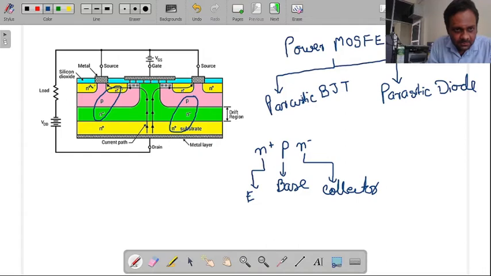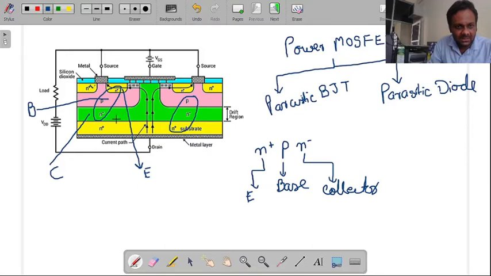Here this yellow layer is your emitter, this pink layer P is your base and this green layer is your collector. If this is a transistor, then it will be like this: collector, emitter, arrow is like this, and B, the base of this BJT.